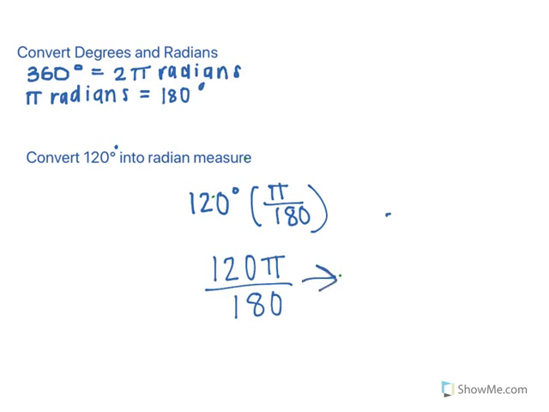And once we simplify, we can divide the numerator and denominator by 30 to get 2 pi over 3. So now we know that 2 pi over 3 radians is equivalent to 120 degrees.